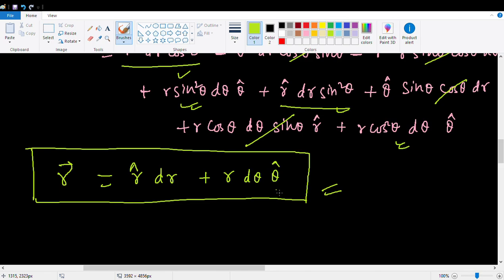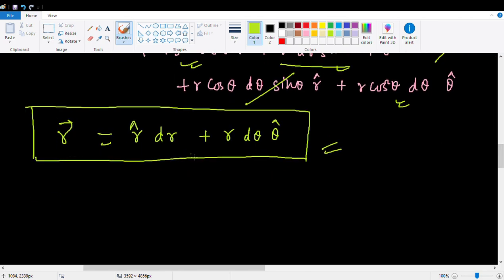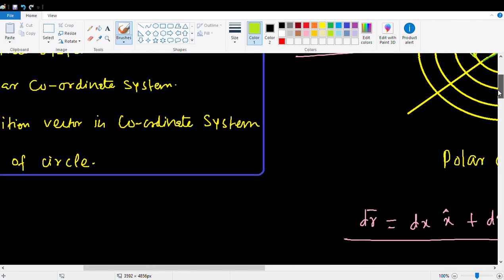Now I have converted everything in terms of the polar ones. It was a semi-classical, semi picture, but now it is a complete picture of the coordinate system that involves r hat and theta hat. So this is the position of any point in a polar coordinate system.